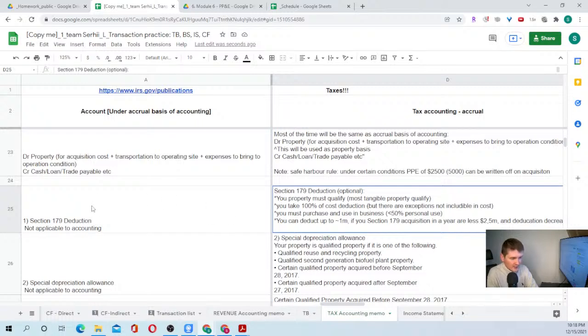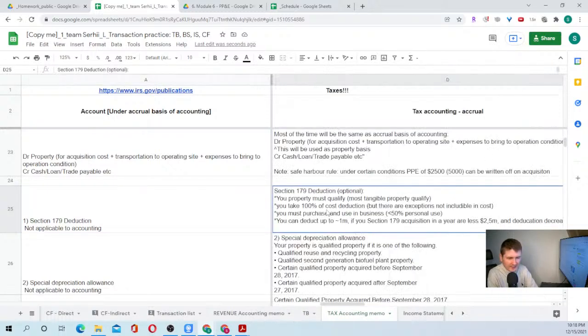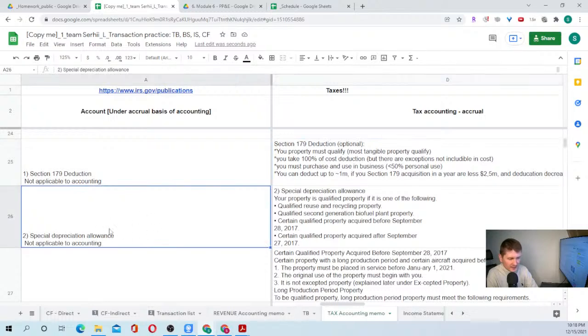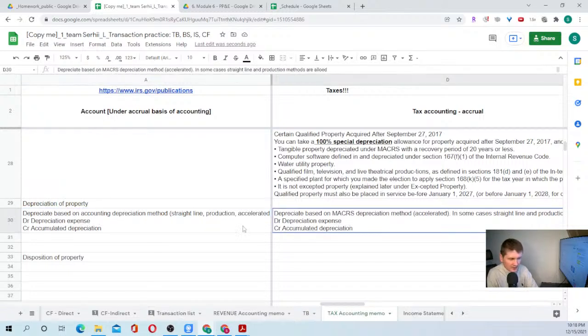So first, if you want to maximize your tax deductions in the current year, you can take that allowance. If you are a relatively small business, then you can take the section 179 deduction. And whatever is left after allowances, you depreciate based on MACRS.